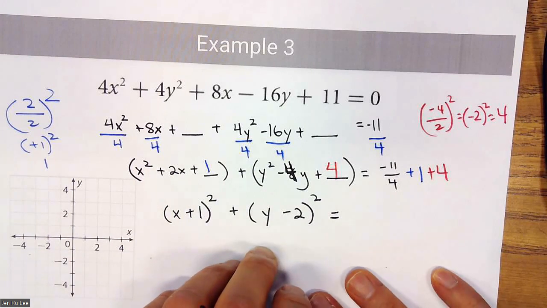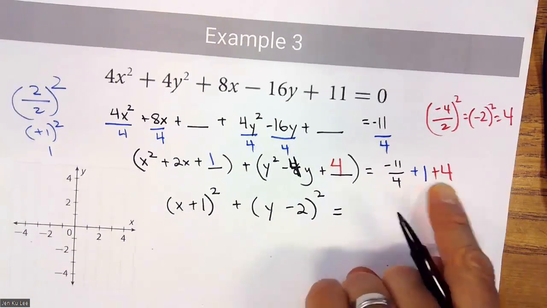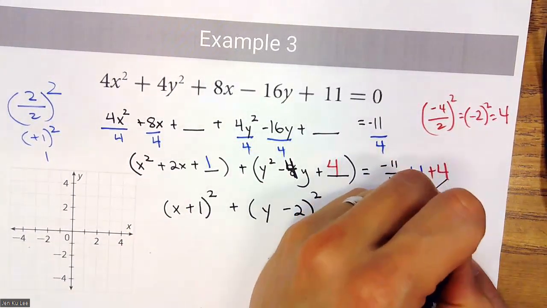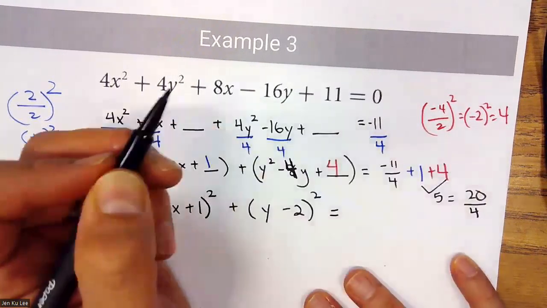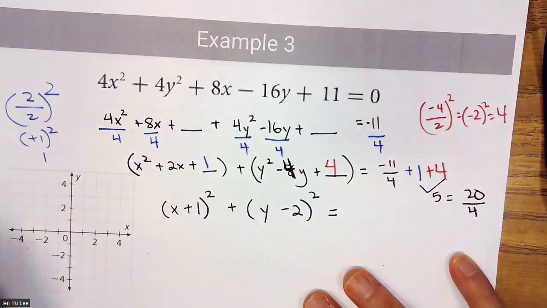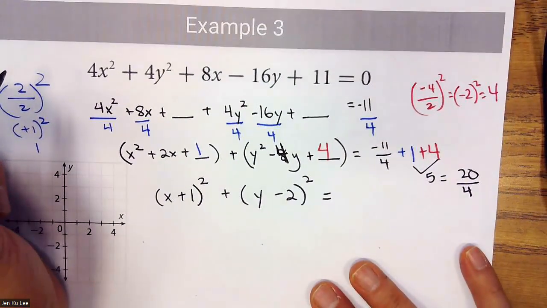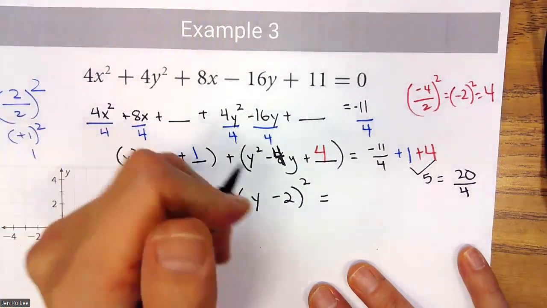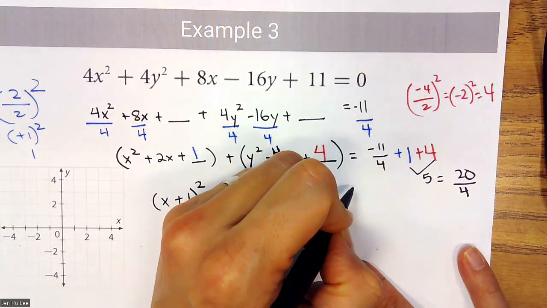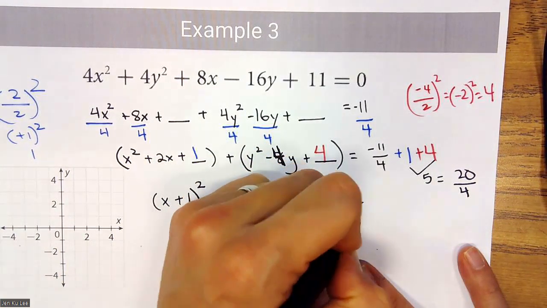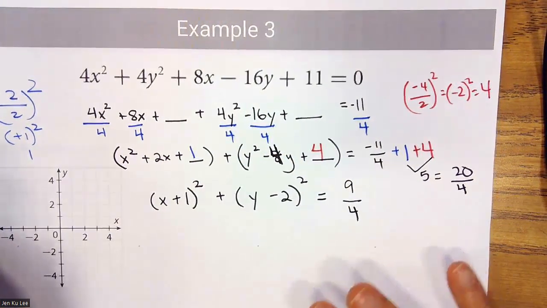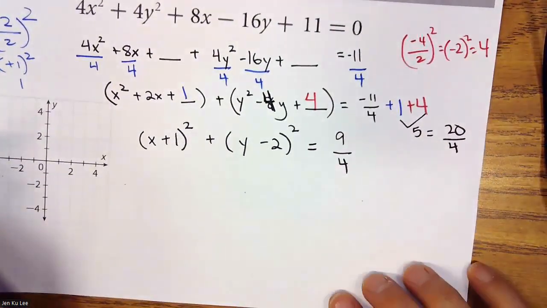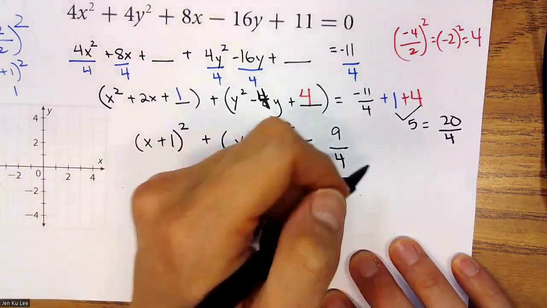Okay. So negative 11 over 4 plus 5, this is 5. 5 in terms of fourths is 20 over 4, right? So negative 11 plus 20, or 20 minus 11, is 9 over 4, right? And so that's my equation.